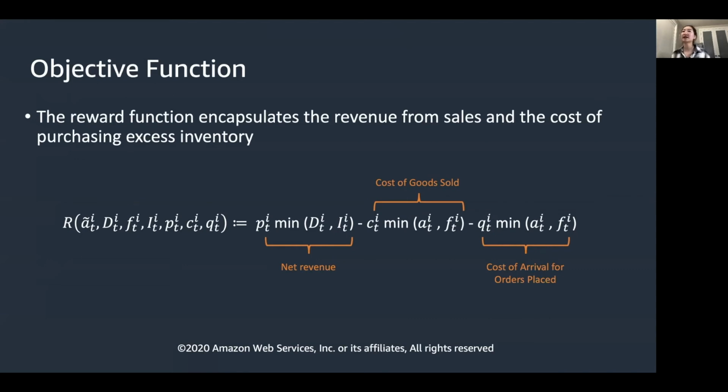So to summarize, the objective is to trade off the various costs incurred and revenues achieved during the period. It generally consists of sales revenue, purchasing, and holding costs, as we see here in this reward function. In more complex formulations, costs including loss of goodwill in the case of missed sales and the terminal salvage value of the unsold items are also included.